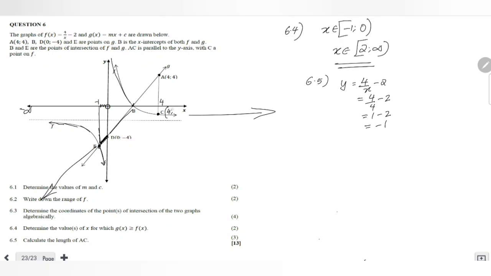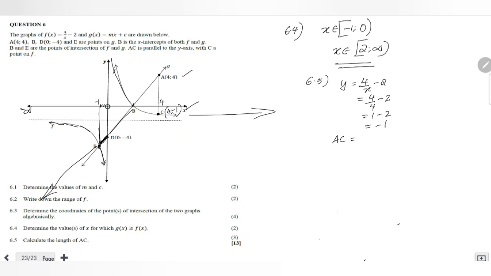All right. Now you can use the distance formula here to calculate, or since this is a vertical line, the difference in y value is also the answer. That is, AC is equal to, you can use the distance formula for these 2 points, you can get it, or just take the difference of y values of those 2 points, because this line is a vertical line.